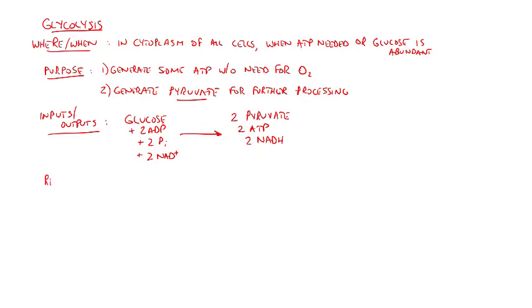And then we talked about regulation. So the main means by which glycolysis is regulated is by allosteric regulation of 3 steps. The first one is step 1, which is glucose reacting to give us glucose 6-phosphate.